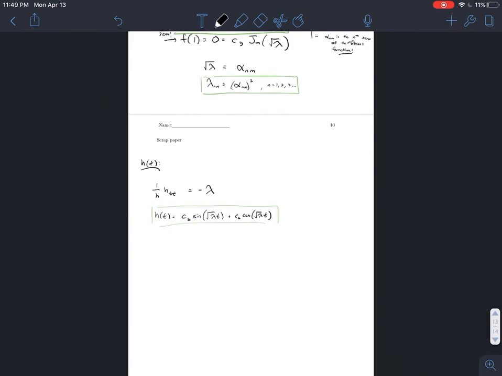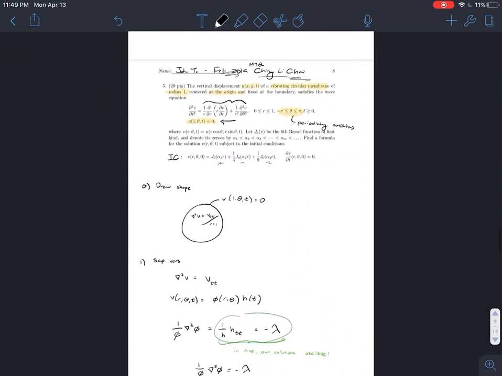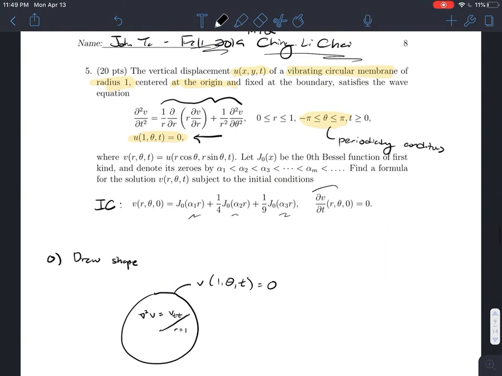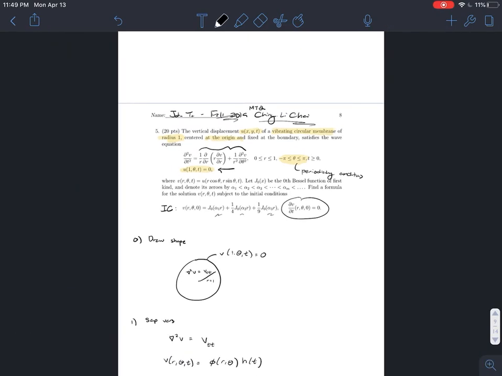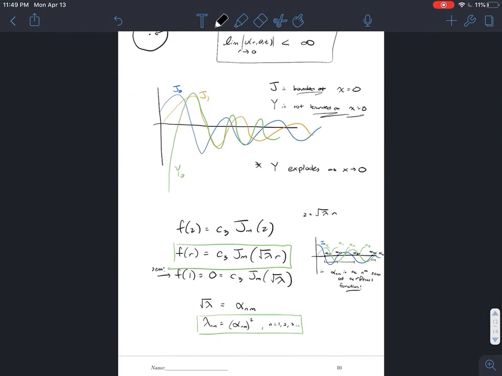Let's check if we have any boundary conditions that can eliminate any of the time dependency terms as our initial conditions, and we do in fact. So if we take the derivative of our time function and set it equal to 0, we can essentially get rid of one of the terms. So let's quickly do that.